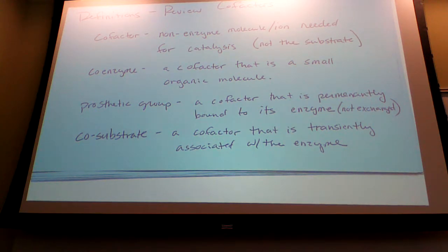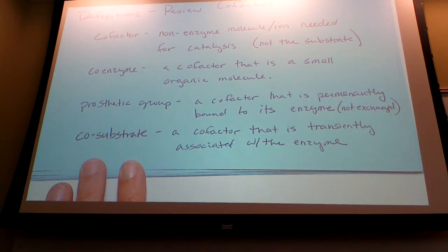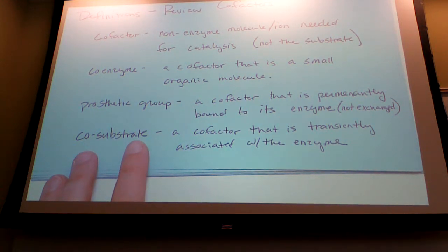So there is actually kind of a level between prosthetic group and co-substrate. You can have cofactors that are bound to your enzyme, but they can get swapped out over time, but it isn't part of the reaction. With a co-substrate, one comes in and it leaves afterwards. And we don't necessarily show how these things get regenerated. So we just reduce NAD, and it's going to be way downstream before the NADH is ever converted back to NAD.